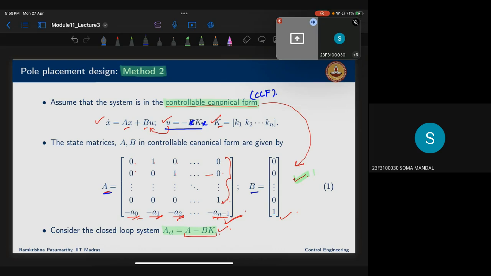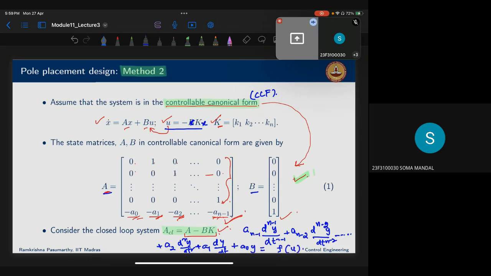The equation is minus a(n-1) d^(n-1)y/dt^(n-1) plus a(n-2) d^(n-2)y/dt^(n-2), and so on, the last terms being minus a2 d²y/dt² plus a1 dy/dt plus a0 y, equal to a function of u.